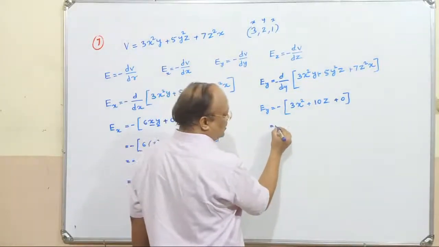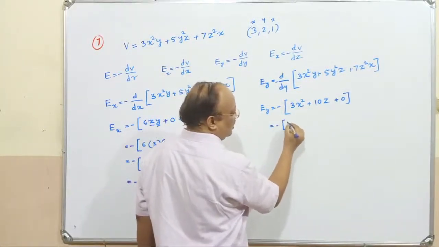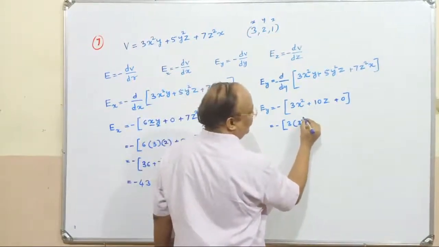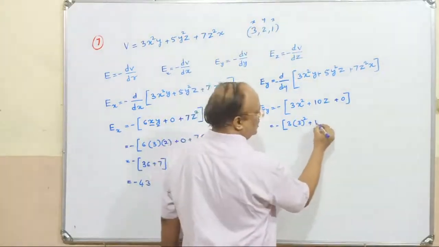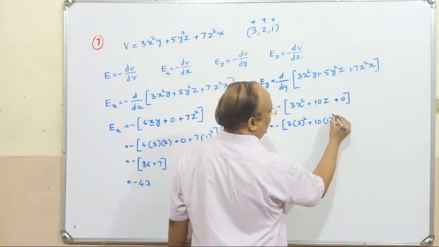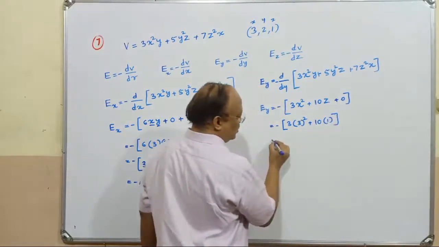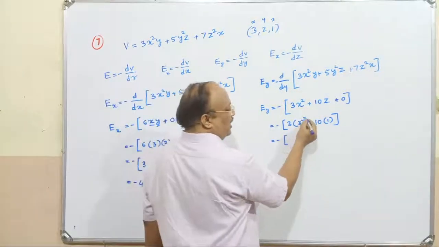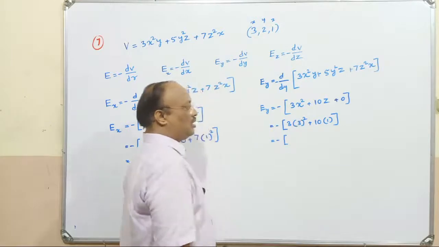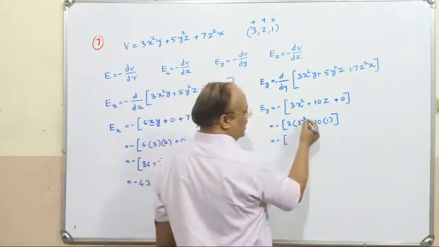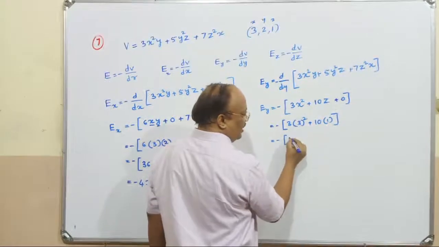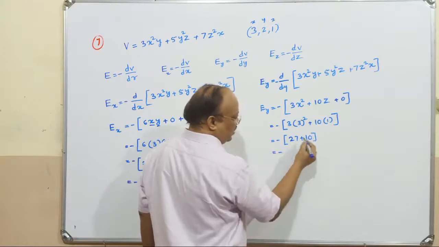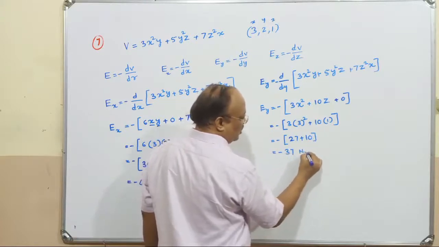If you substitute, minus of 3 into 3 square plus 10 into 2 into 1. 3 square is 9, 9 into 3 is 27, 27 plus 10, this will be minus 37 Newton per coulomb.